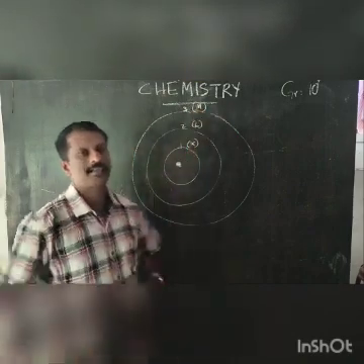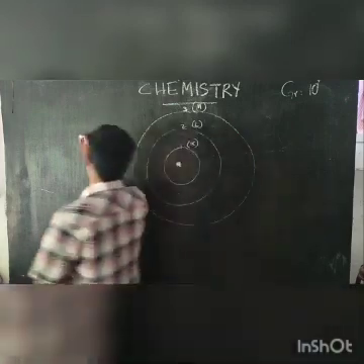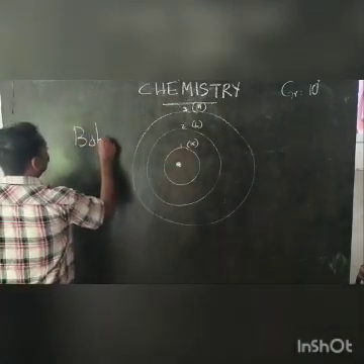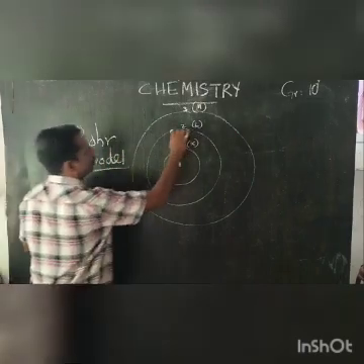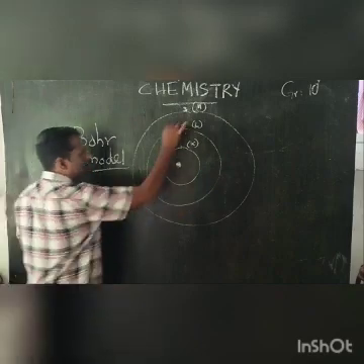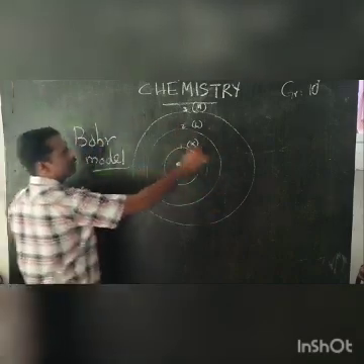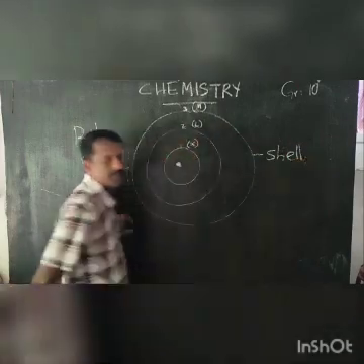So these are the things we discussed in the last class. According to the Bohr model, the electrons are revolving around the nucleus in circular shaped paths called shells.